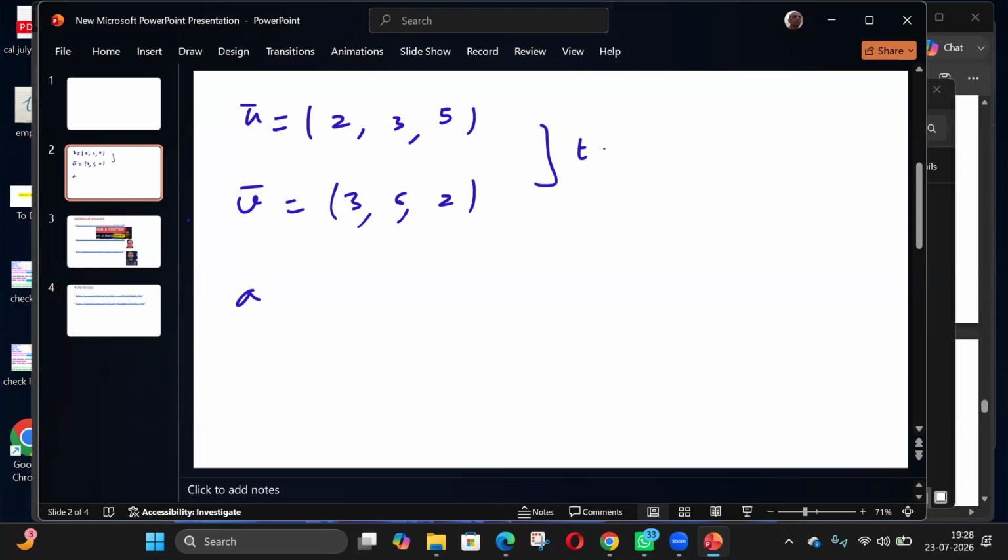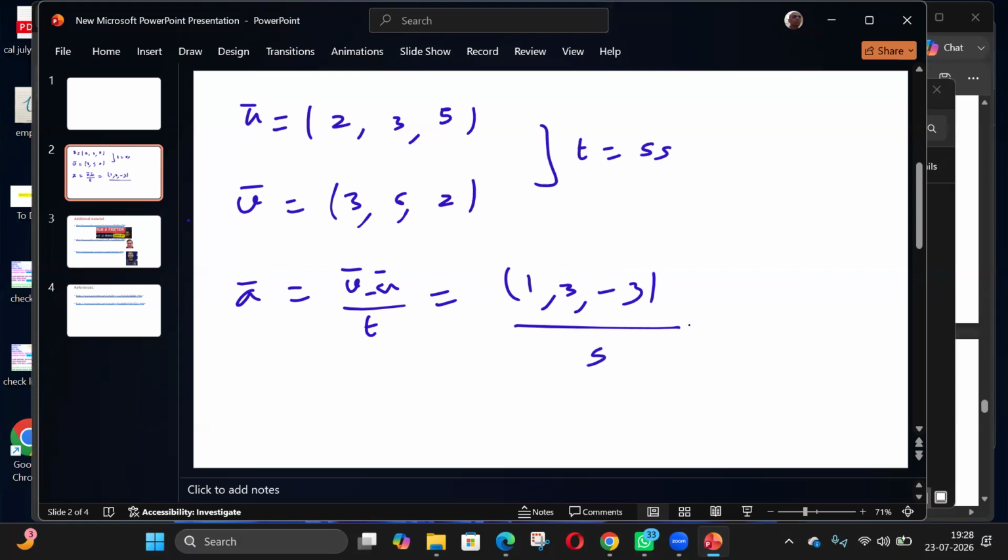This happens in a time, say 5 seconds. So acceleration by definition is v minus u by the time interval. So v minus u is 1, 3, minus 3, divided by 5, which is 1 by 5 i cap, 3 by 5 j cap, minus 3 by 5 k cap.